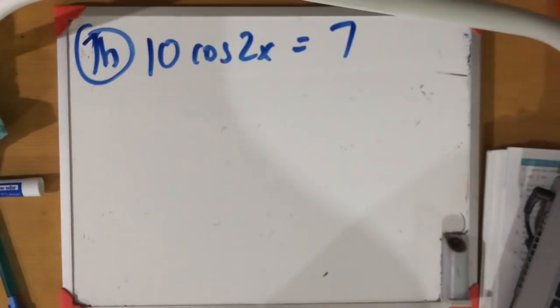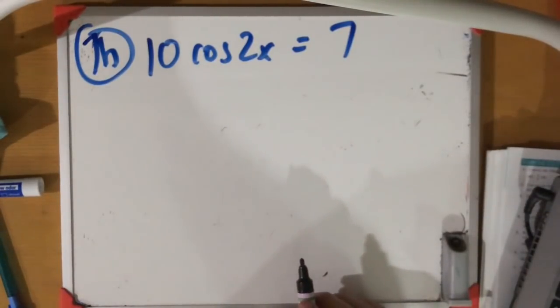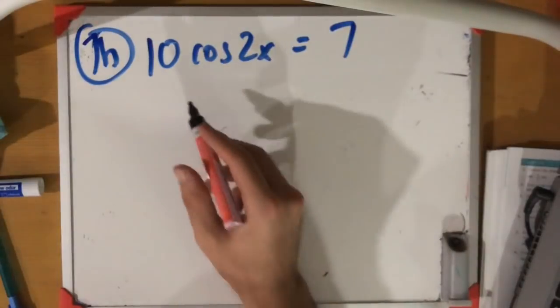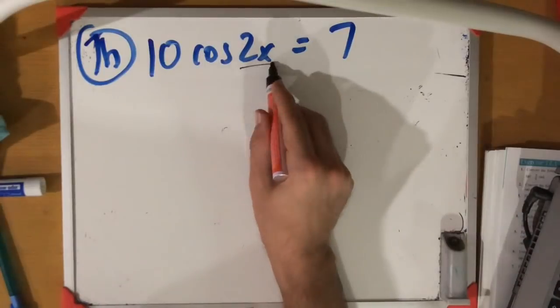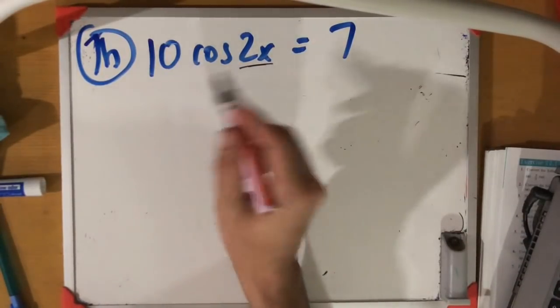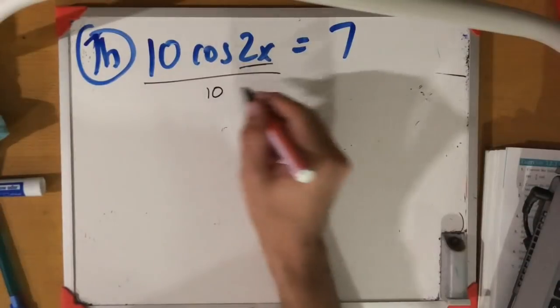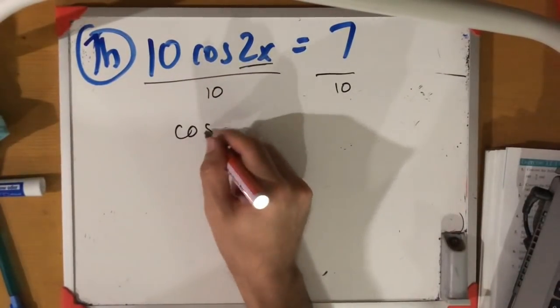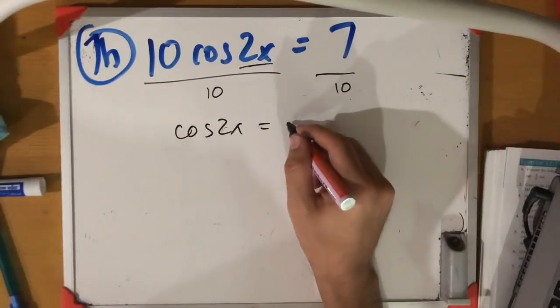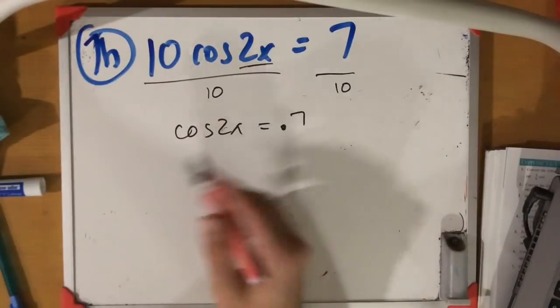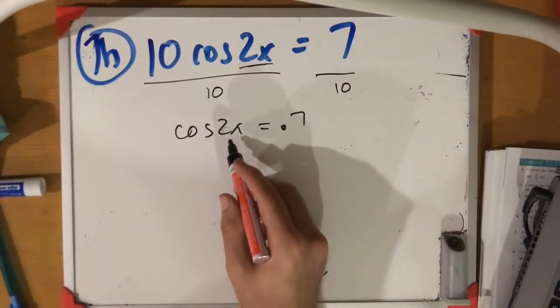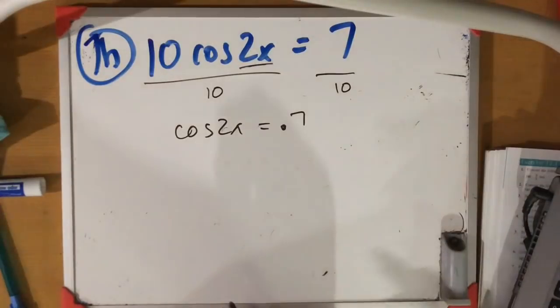All right, 7H. There is actually a similar problem on the quiz that you guys sort of struggled on. Let me go through this step by step. We're trying to figure out what cosine 2x is equivalent to. Notice 2x, but we'll talk about that a bit later. Cosine 2x is equal to 7 over 10, which is just 0.7. There's nothing else you can do, but 2x means it goes around twice.